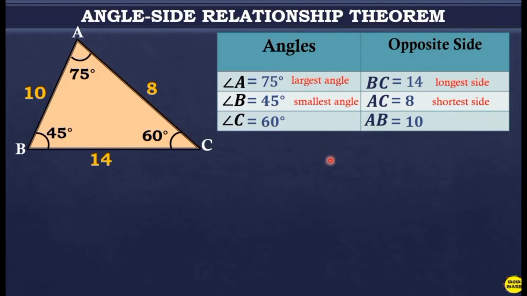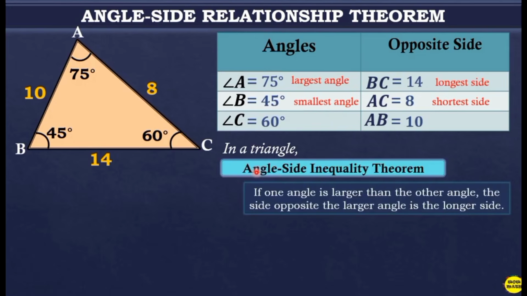We can also relate this concept to our theorems. In any triangle, we have the angle side inequality theorem. What does it say? If one angle is larger than the other angle, the side opposite the larger angle is the longer side.